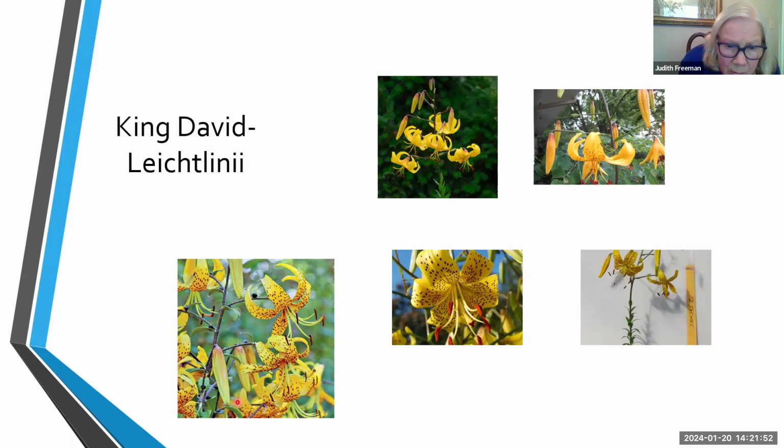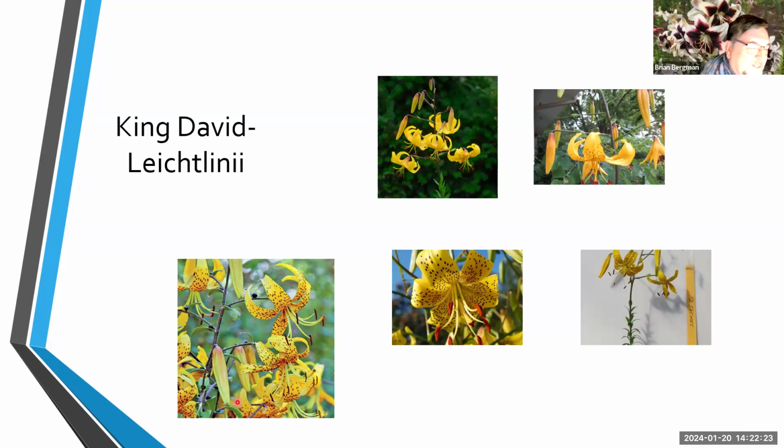It is extremely similar to the lily that I called King David, because I could very clearly see in the inflorescence that it had not just a Leichtlinii inflorescence, which would have the flowers straight down. It's got a lot of Davidii in it, and I can see that right away. If you grew Davidii, you would see it too. You would know right away this is not just pure Leichtlinii.